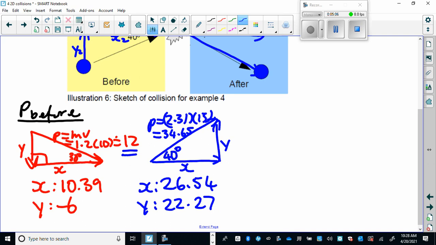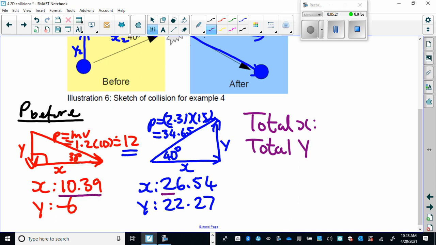Now we're going to write out the total x before the collision and the total y before the collision. You can see your total x's are both positive, so you're just going to add those two numbers together, and you're going to get a total x of 36.93.